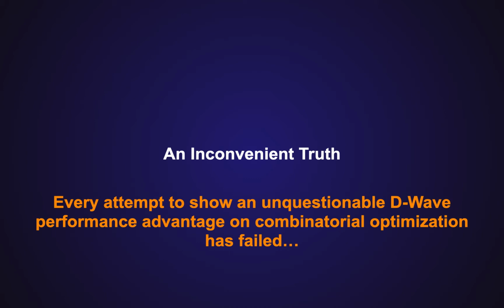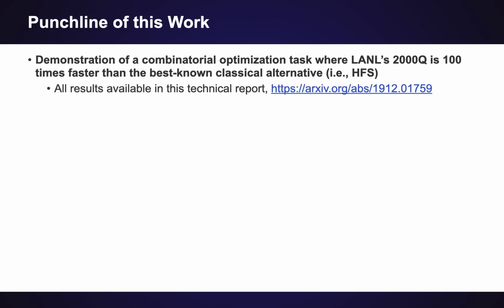It's an active area of ongoing research. So the punchline of this particular technical report is a demonstration of a combinatorial optimization task where LANL's 2000Q D-Wave computer is 100 times faster than the best known classical algorithm. All of the results are available in this technical report on arXiv.